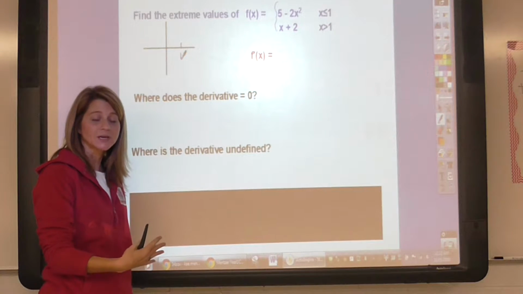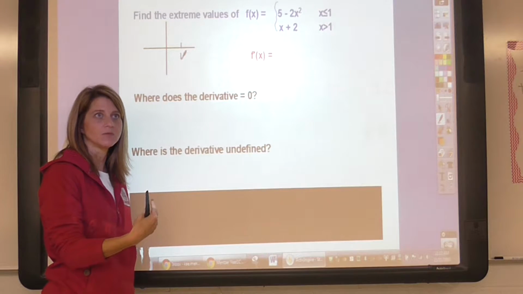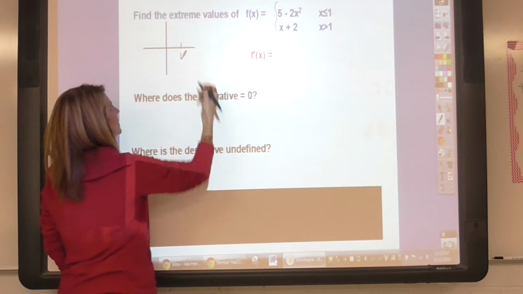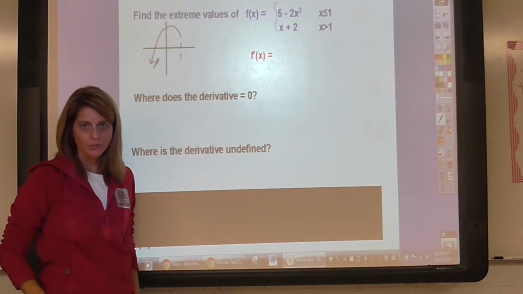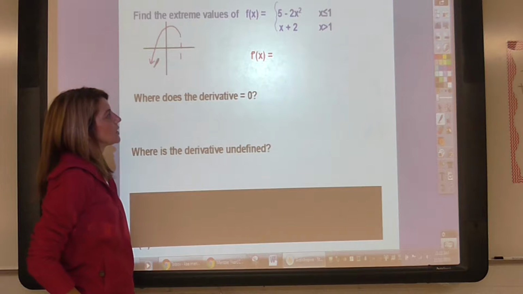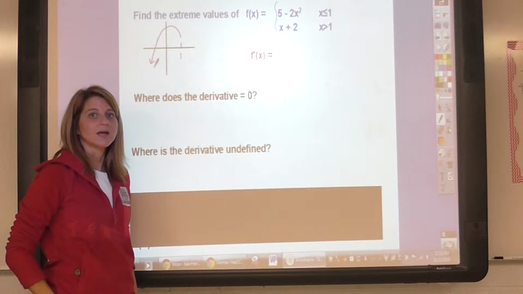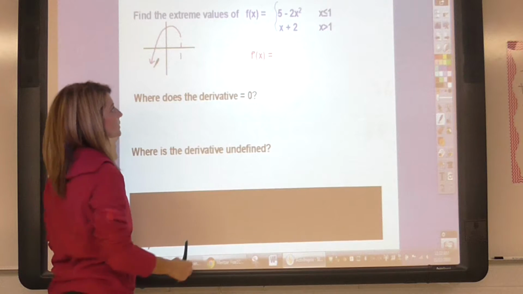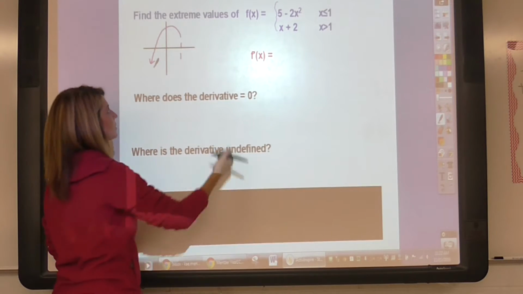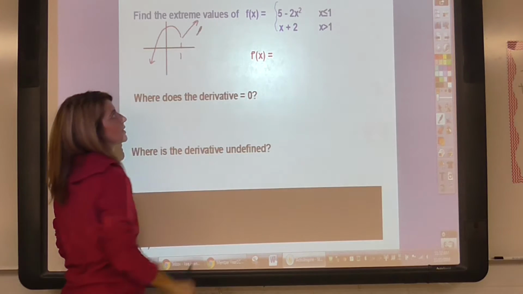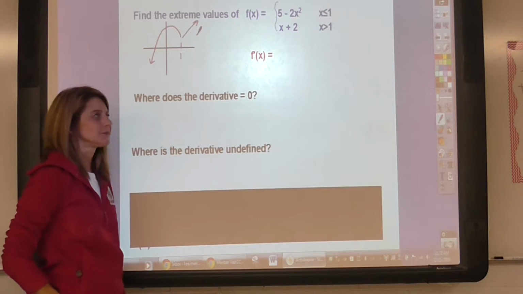I notice it's an upside down parabola. I see that the vertex is up at 5. So give or take, there's my upside down parabola. And on the right hand side, I have x plus 2. So I have a line, it's got a y-intercept of 2, but it keeps on climbing. So give or take, my function is looking this way.